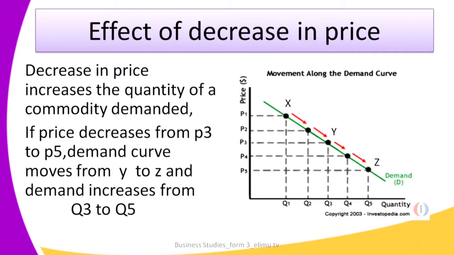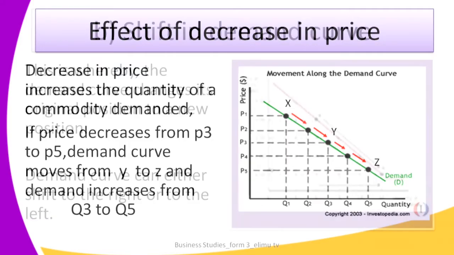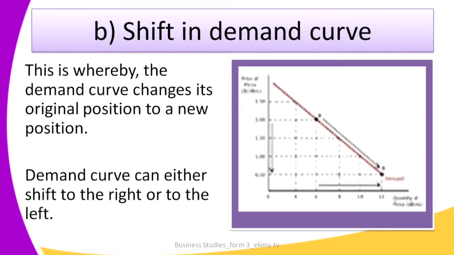So there is a movement along the demand curve from point Y to point Z. And that is all about the movement along a demand curve, which is determined by the price only. Let's now look at the shift in demand curve.